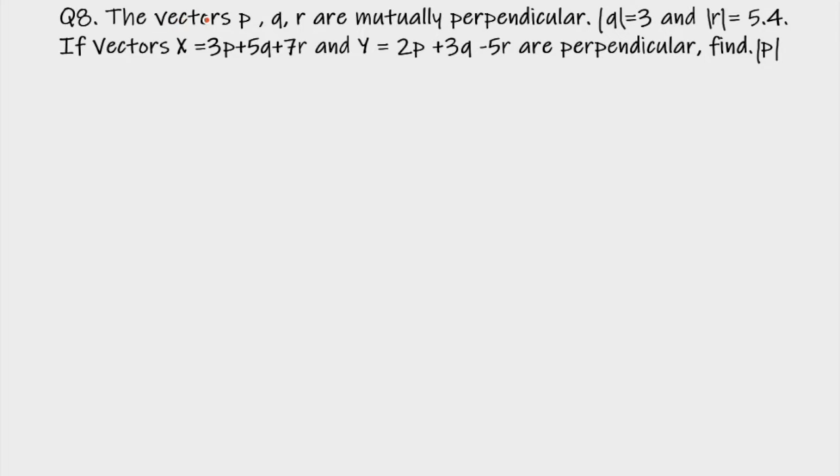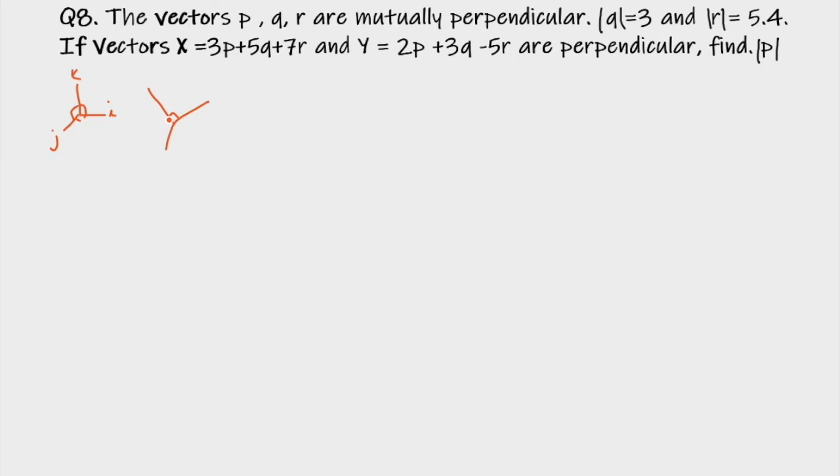Question 8. The vectors P, Q and R are mutually perpendicular. So like we have i, j and k, which are mutually perpendicular, right? Similarly, these P, Q, R are not i, j, k, they are not unit vectors, they are in some direction.